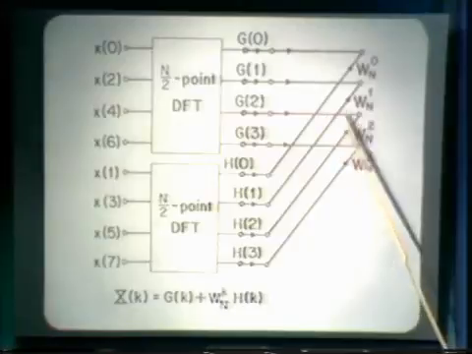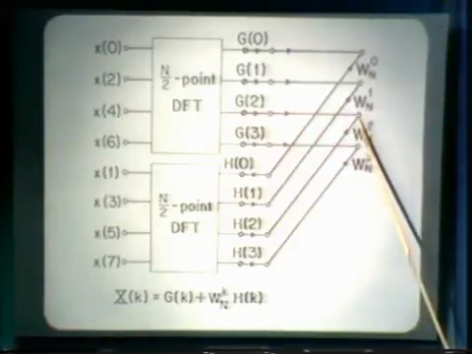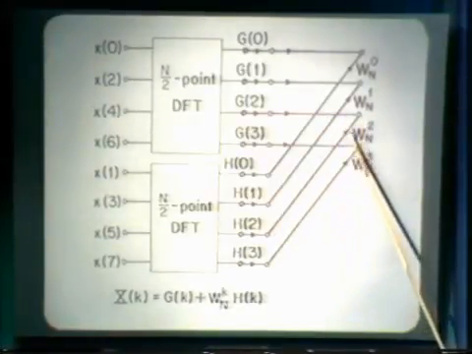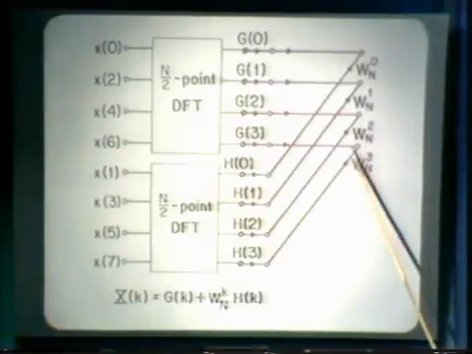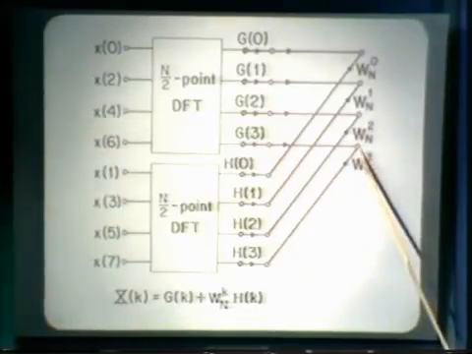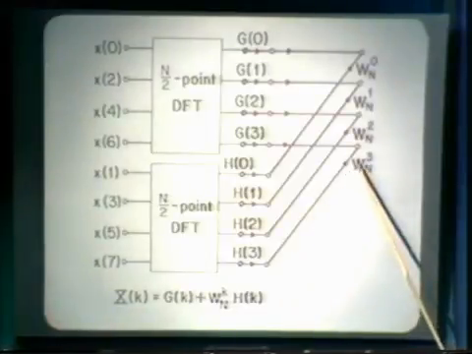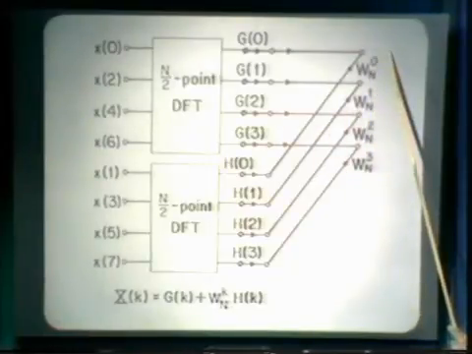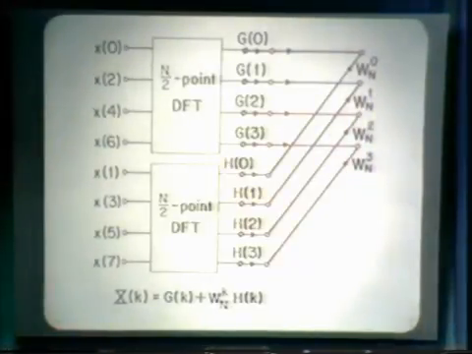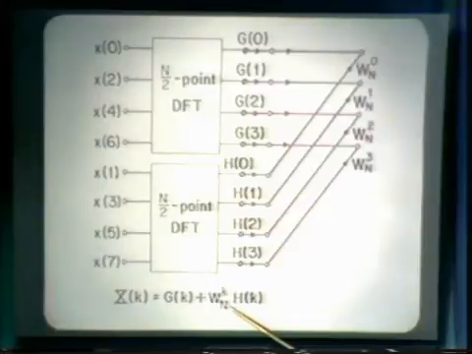For x of 2, we want g of 2 plus h of 2 multiplied by w sub n squared. And for x of 3, likewise, g of 3 added to h of 3 multiplied by w sub n cubed. So that computation then gives us x of 0 through x of 3. For x of 4, we want g of 4 plus w sub n to the 4 times h of 4.